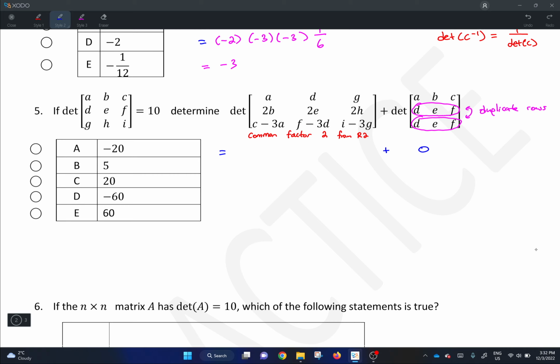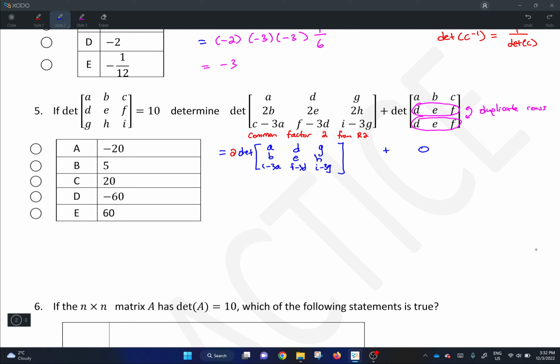Okay, so anyways, when we common factor a 2 from row 2, I'm going to put that 2 out front, and I'm going to write the determinant of the resulting matrix after we do the common factoring: A, D, G, B, E, H, and then C minus 3A, F minus 3D, I minus 3G.